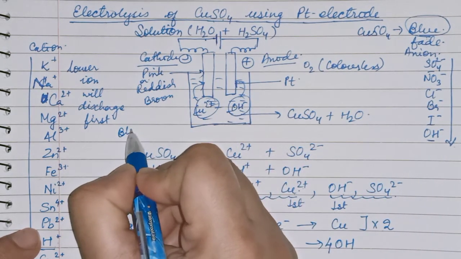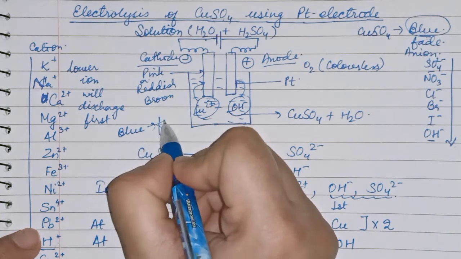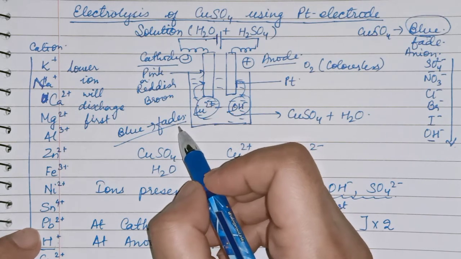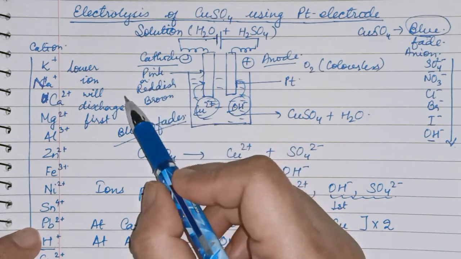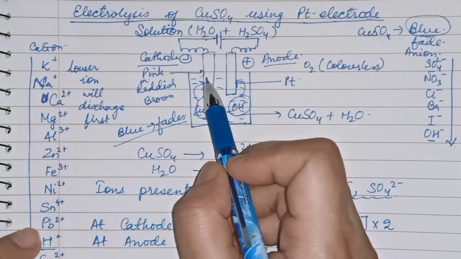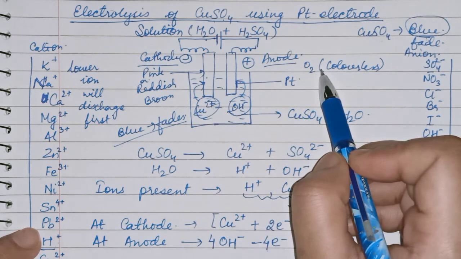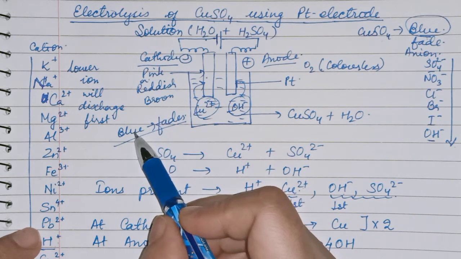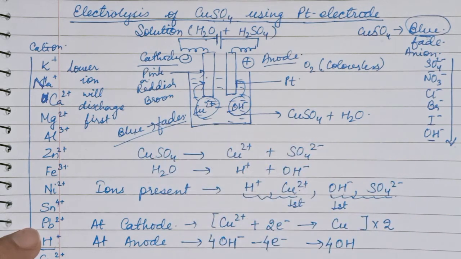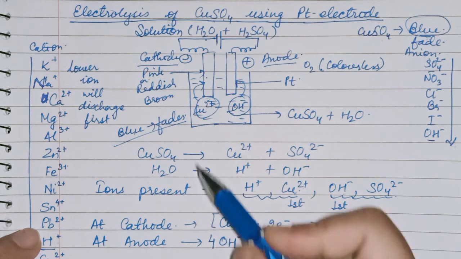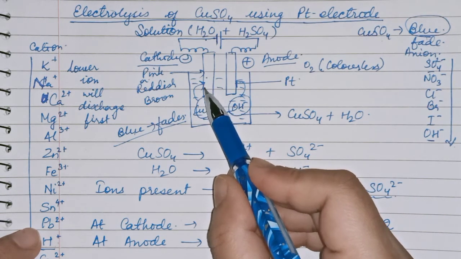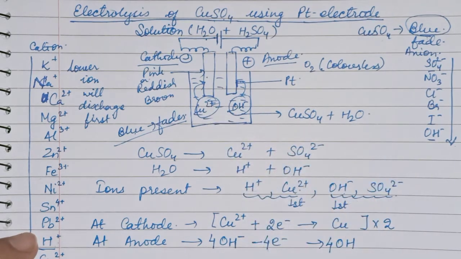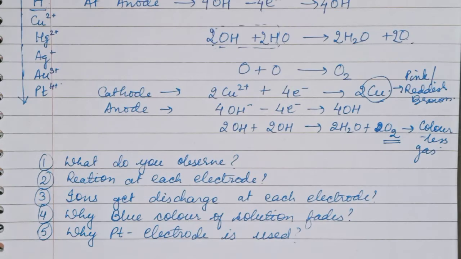Okay, so this will be the observation part. First part is pink reddish brown deposit at cathode, colorless gas at anode, and blue color of copper sulphate or electrolyte fades down. Okay, why is it fading? Because copper is getting deposited over cathode and the solution is blue because of Cu2 plus ion only.